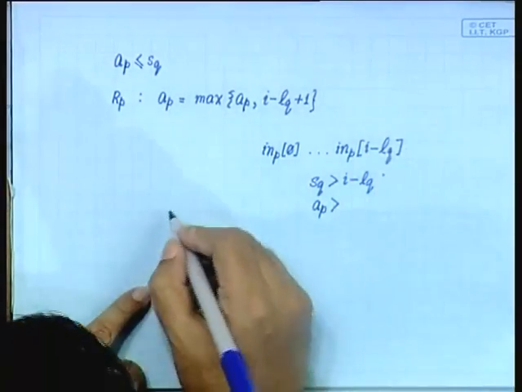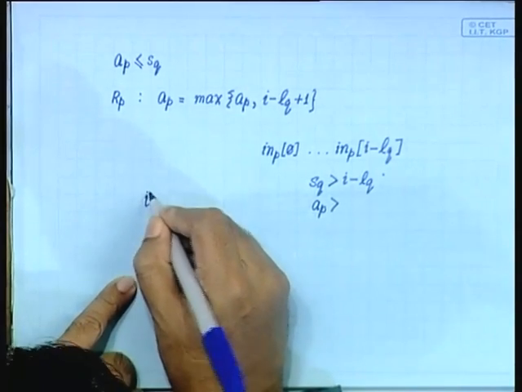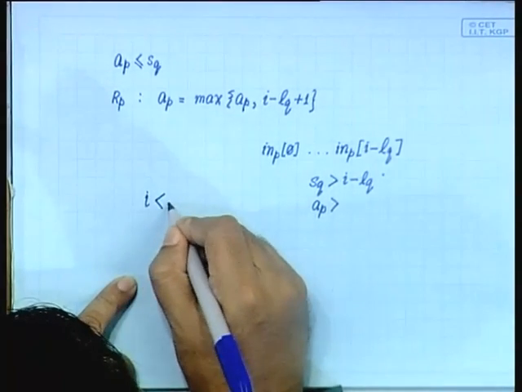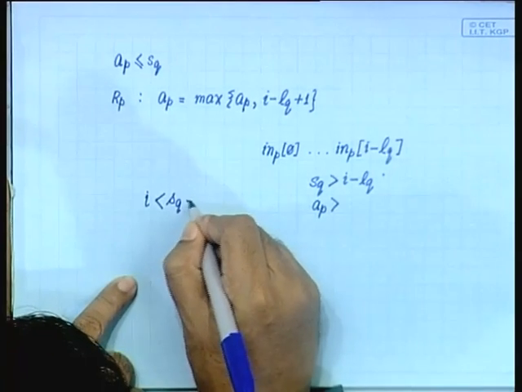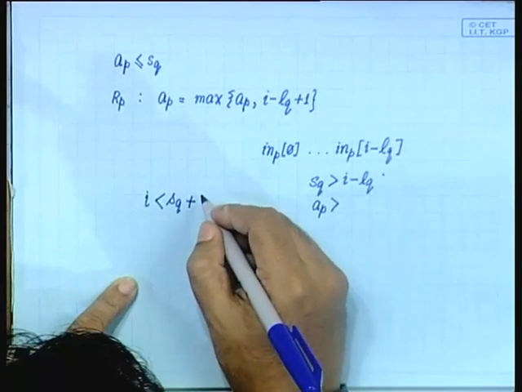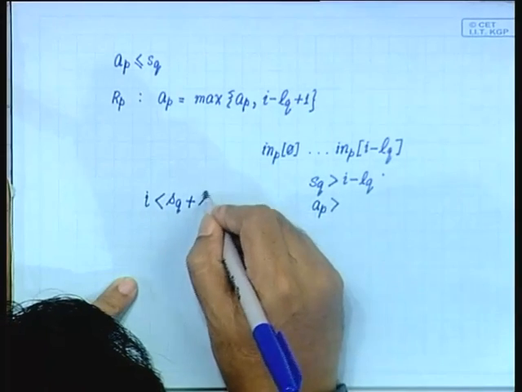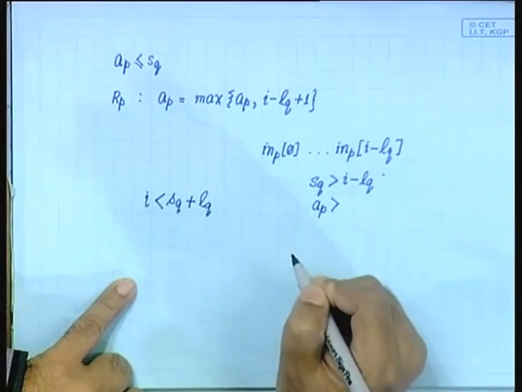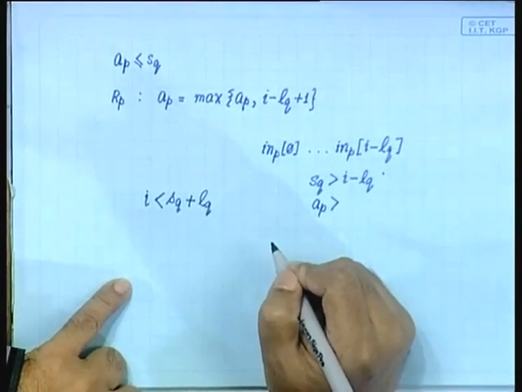So this implies that this I is less than SQ plus LQ.